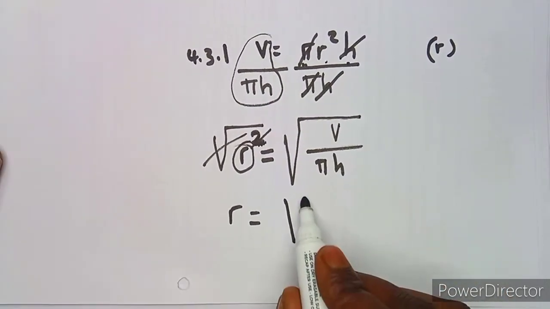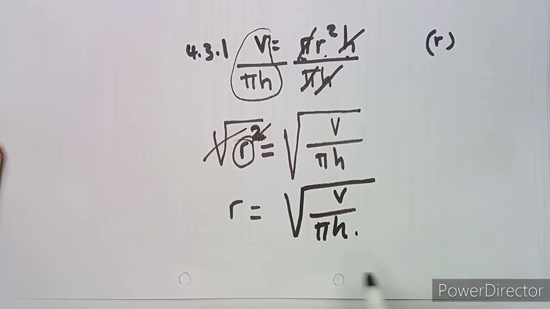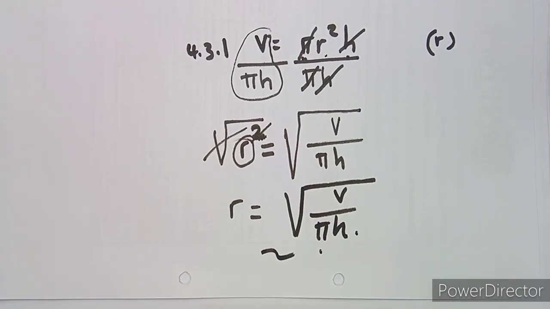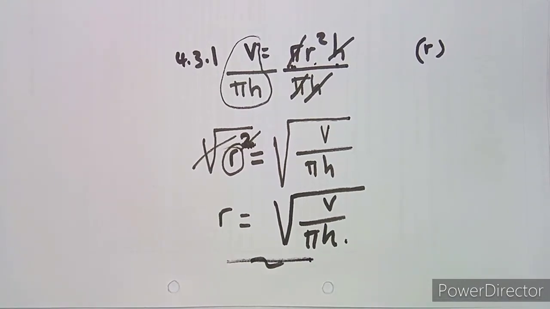So that is going to be our R. Take note, they told us that this is the volume of a cylinder, so you're not going to write this as plus or minus, because we know that the R there represents the radius, so it can't be a plus or minus, so you just have to write it as a plus. That is our radius there.